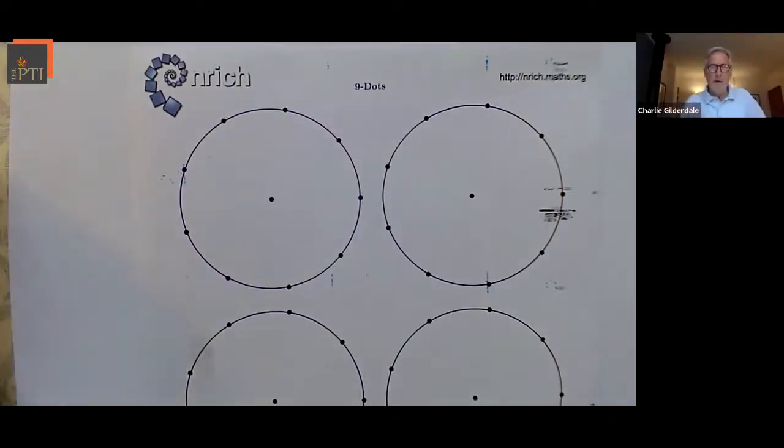Okay, so we're going to focus on cyclic quadrilaterals, and we're going to use a 9-dot circle because the angles that we're going to be using are very straightforward.